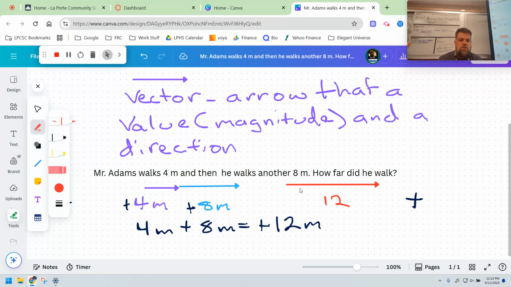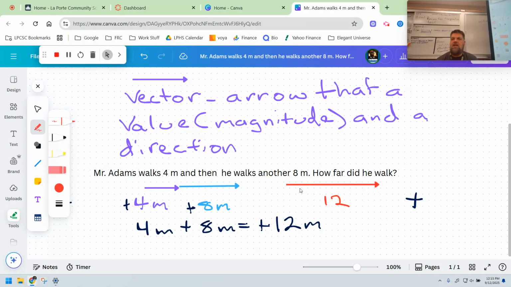So what I'm trying to show you is that we can represent motion like velocity or acceleration or the amount of force applied to an object by using vectors. The more intense or the greater the magnitude of the displacement, right?